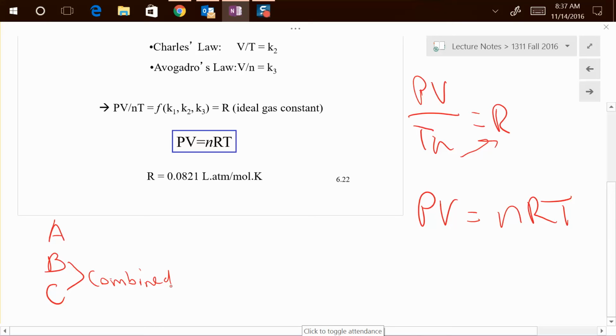Those laws deal with the system in change, in flux. But when I hit the ideal gas law and I'm considering all four parameters, it's no longer in change. So if the system is changing, I need to use an ABC gas law. If the system is not changing, then I will use the ideal gas law.